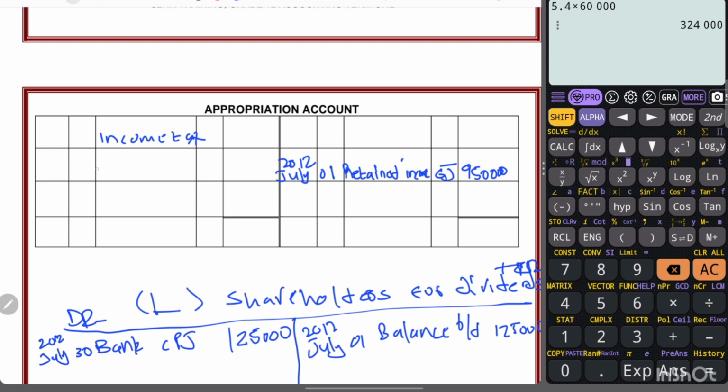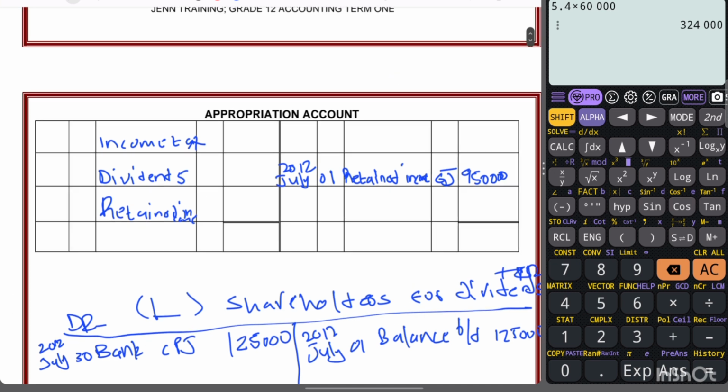We are also having dividends on ordinary share. Then our last one is the retained income now.